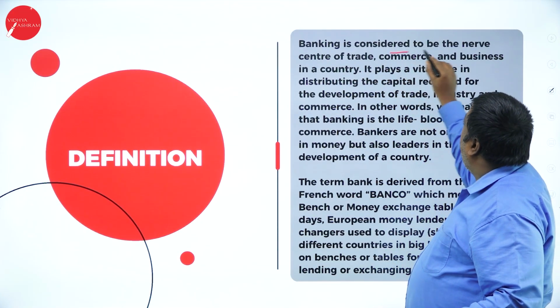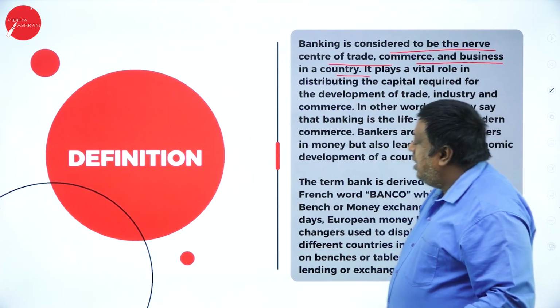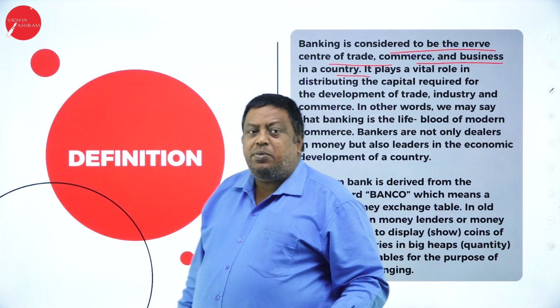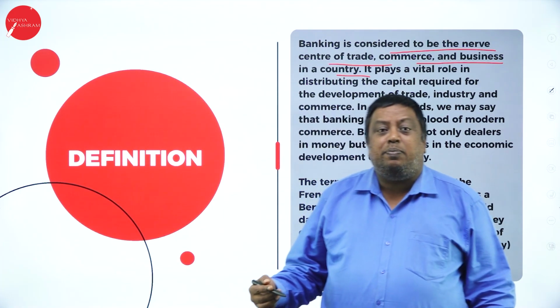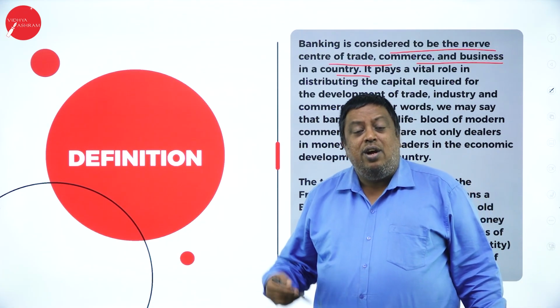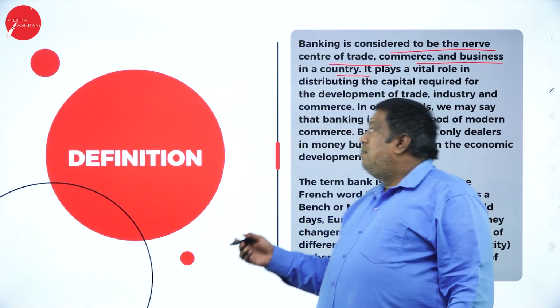Banking is considered to be the nerve center of trade, commerce and business in our country. It is a main concept of the nation, controlling and supporting the entire economy of the country. For that reason, it is called the nerve center of trade, commerce and business.